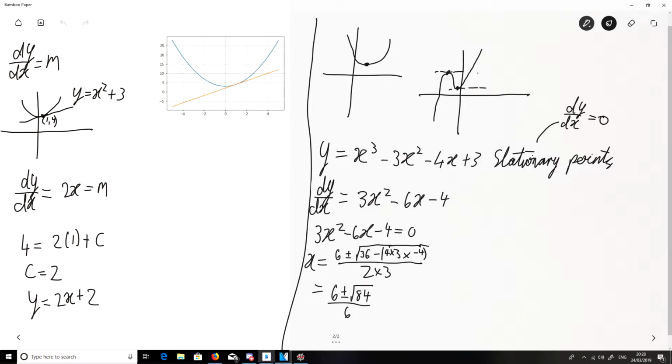So this gives us solutions of x to be 2.53 or minus 0.53. So that's just quickly working out what they should be so it's easier to see on a graph. But you'll want to put an exact solution in when you're working out y, otherwise you'll get errors.